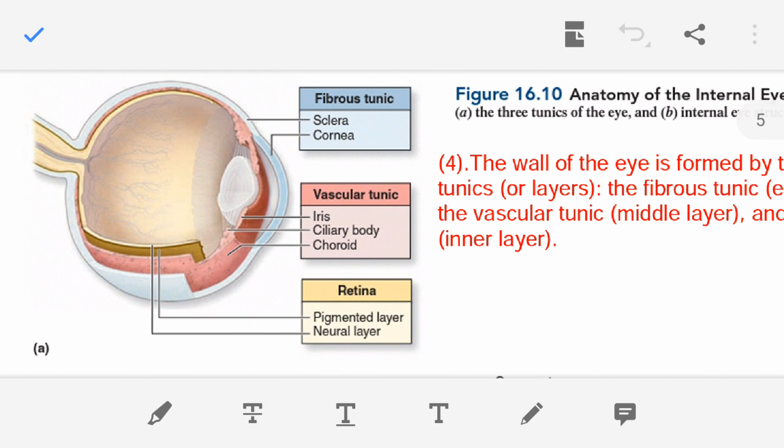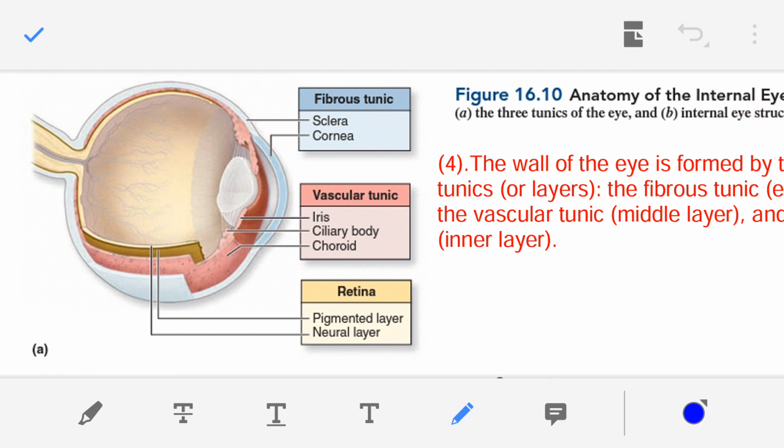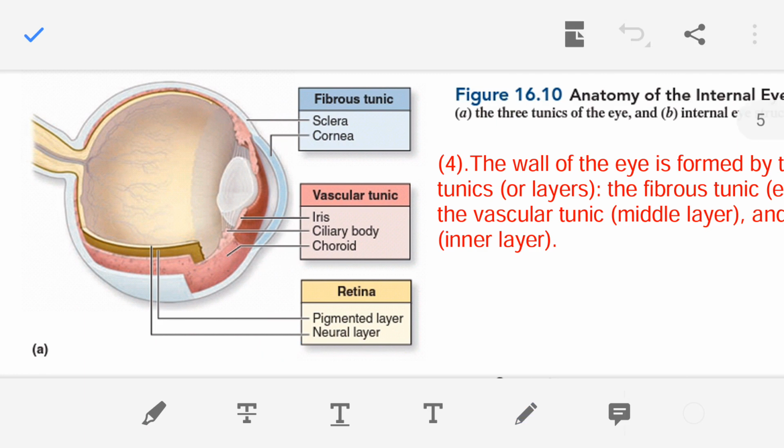Now, the fibrous tunic is made up of sclera and cornea. Iris, ciliary body, and choroid are the parts of the vascular tunic, and in the retina, the pigmented cell layer and neural layers are present.